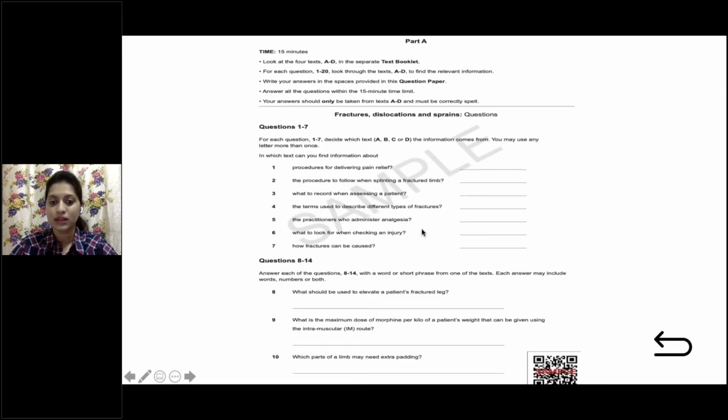This is what I mean by matching the text phrases or extracts to the questions given here. Then the next set of questions is usually where you have to give a single word or a short phrase answer. So this is your part A, and this question booklet will be collected after the 15-minute time limit.